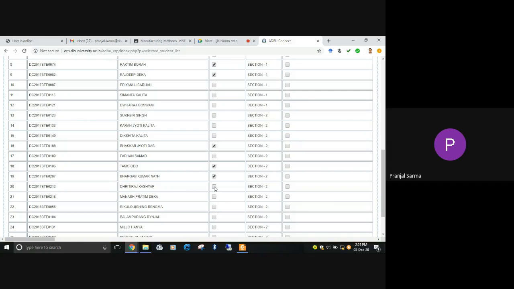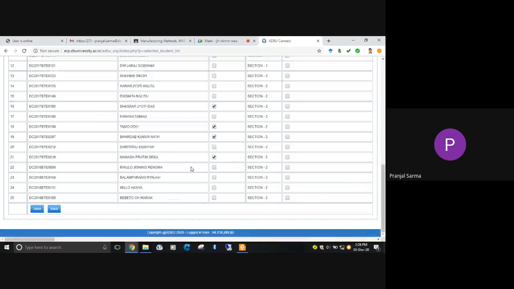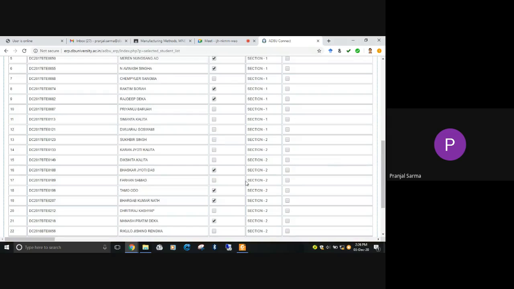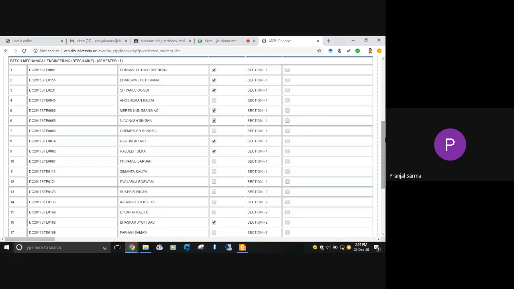Manas, yes sir. Balam, yes sir. Millo, present sir. Okay, anyone left out? Bebeto is not here. Ricolo not here. Pritiraj not here. Farhan not here. Priyanus, Simanto, Dizoras, Sukhbir, Karan, Dixita not here. Sampailer absent. Ansuman absent.